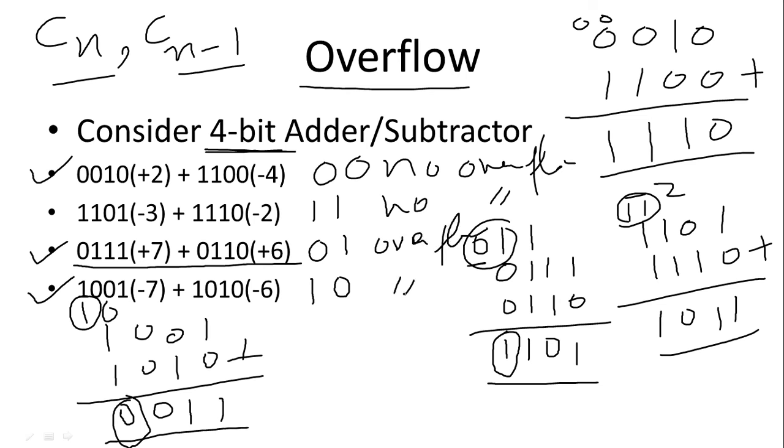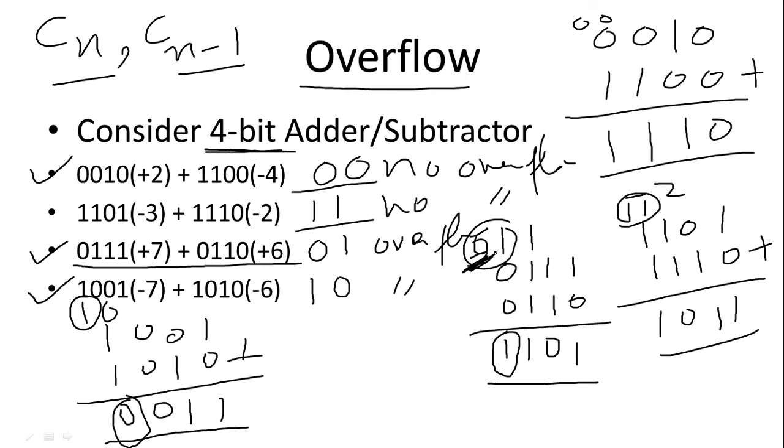From these examples, we can conclude that if the last carry and second last carry are both the same, then there is no overflow, meaning the number is within our range. And if we have different carries, then there is an overflow. If the last carries are 0 and 1, it means that if this 0 was the most significant bit or sign bit, the number was positive.